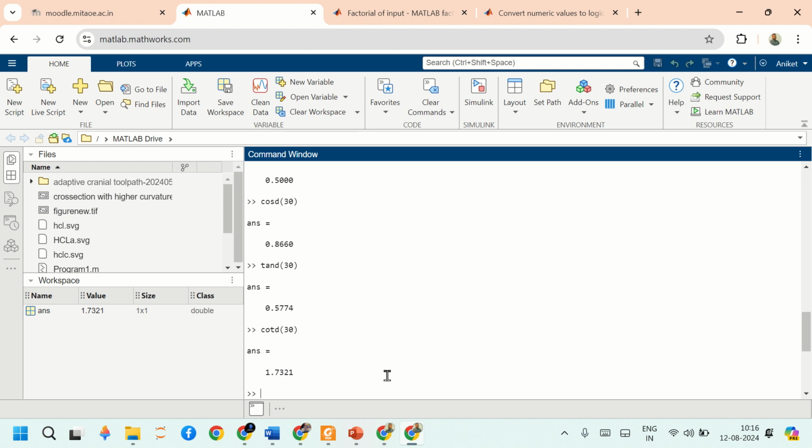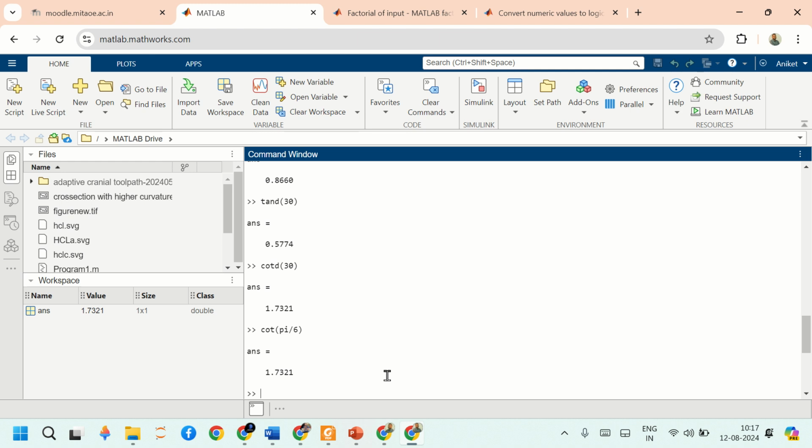So this is how you have to use the values of the angle if they are in degrees, and if you have the values in radians, you have to use pi. So this is how pi is written in MATLAB. Sorry, it's pi by 6.